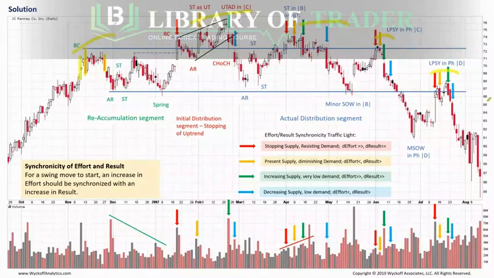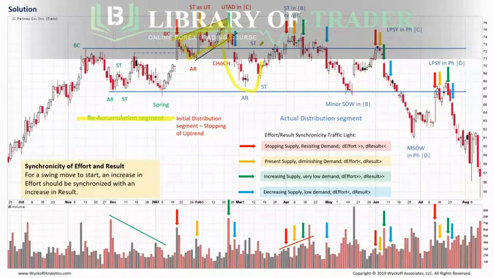Think also about synchronicity in different terms. Think about the synchronicity in terms of the phases that you might have. So here we are identifying this as a reaccumulation pattern, which is followed by the rally, and then we have a small distributional range right here.